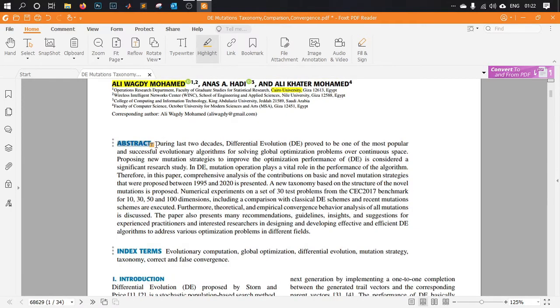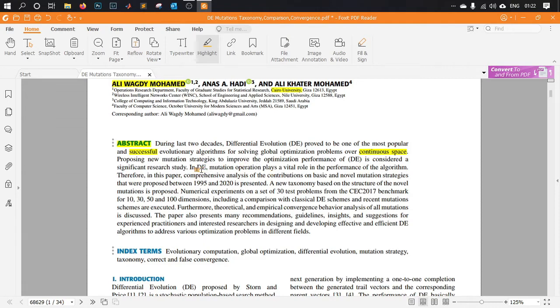So let's go through the abstract. During the last 2 decades, differential evolution proved to be one of the most popular and successful evolutionary algorithms for solving global optimization problems over continuous space. Proposing new mutation strategies to improve optimization performance of DE is considered as a significant research study.